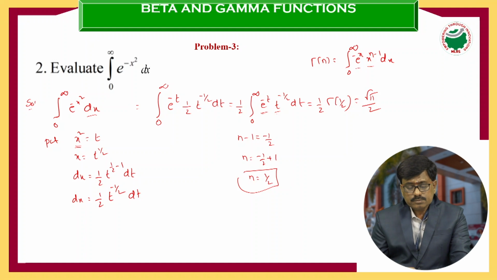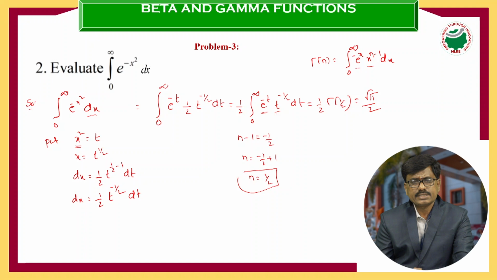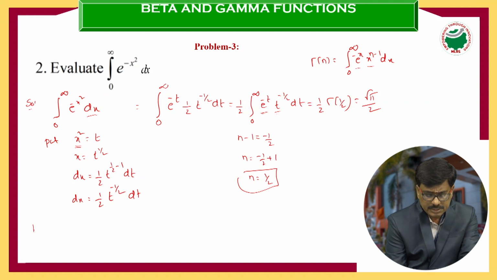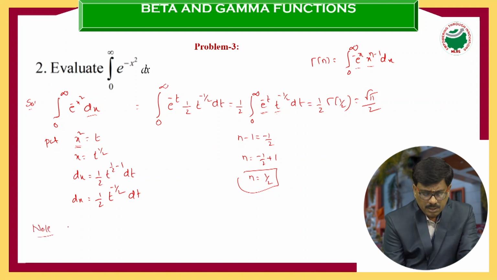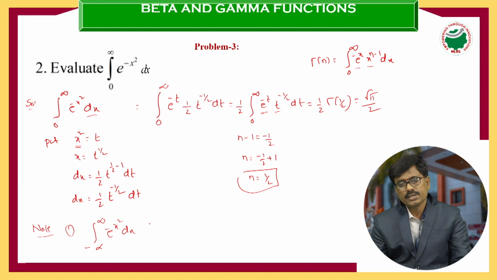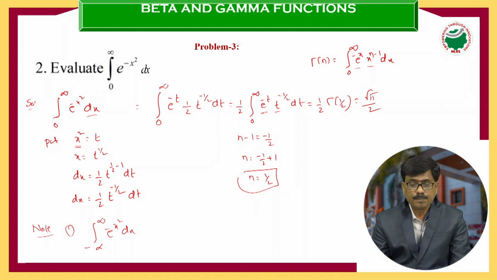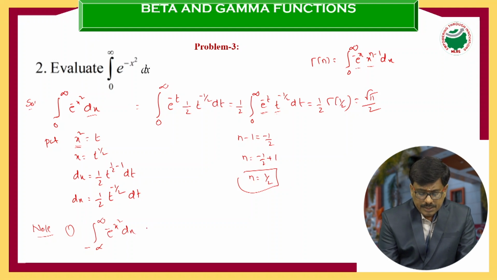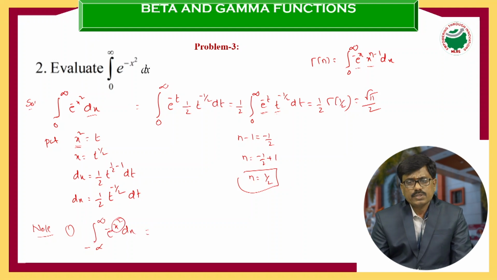See, this integral, I am extending one more property for this integral value. Let us take the integral minus infinity to plus infinity e power minus x square into dx. I need to convert this, where the limits are from minus infinity to plus infinity. Here there is a value x square.